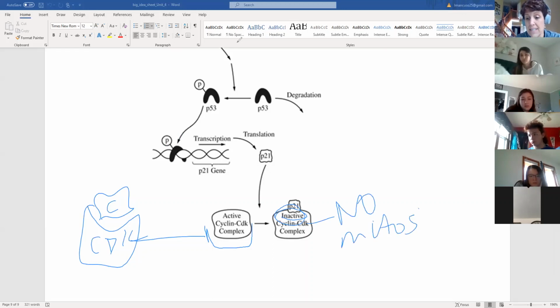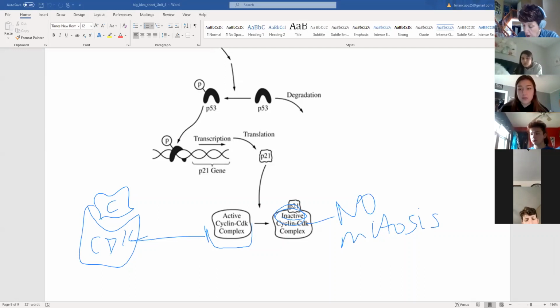It means I'm not going to pass my checkpoints. If I don't pass my checkpoints, I'm not going to do mitosis. And that's just because of the DNA damage, right? Yep. So the question saying like, what effect did DNA damage have and everything else, and it turned off mitosis. Right. Okay, that makes a lot more sense.